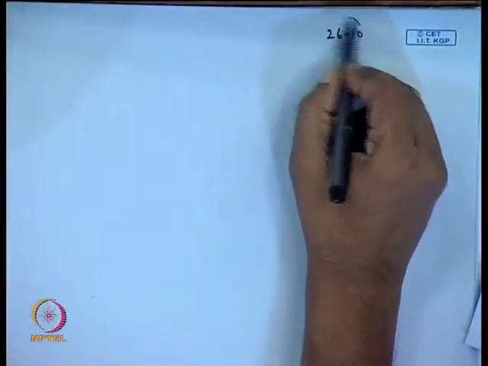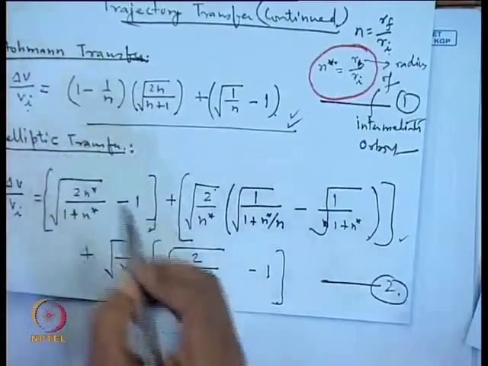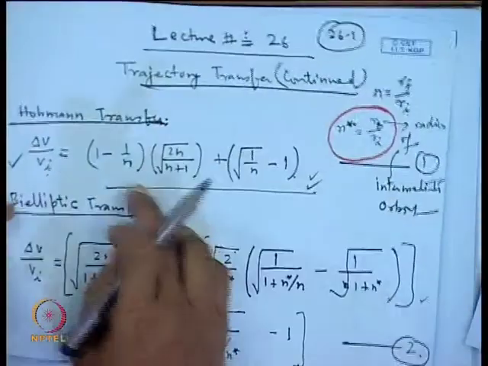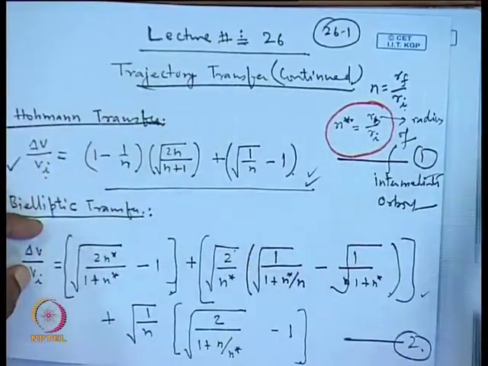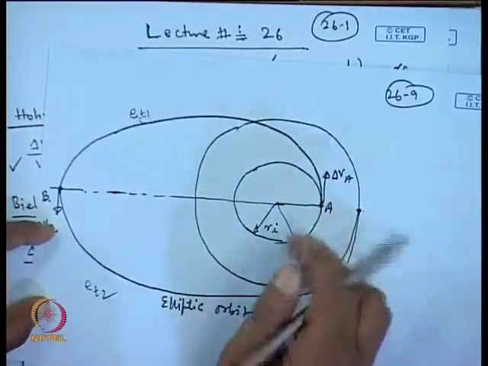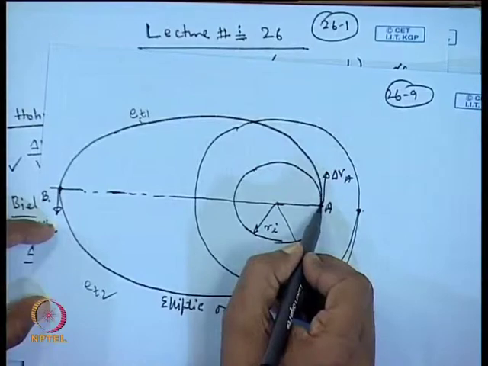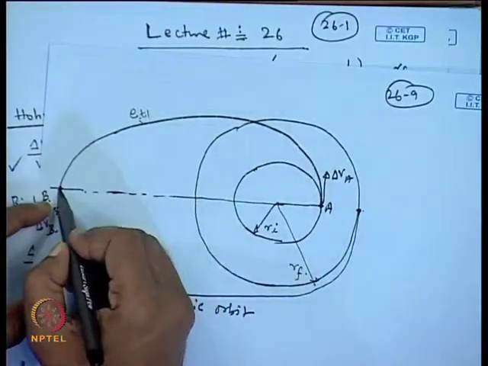So, using this equation number 1, if we put n equal to infinity, suppose we are here in this place and we are trying to transfer it to infinity.